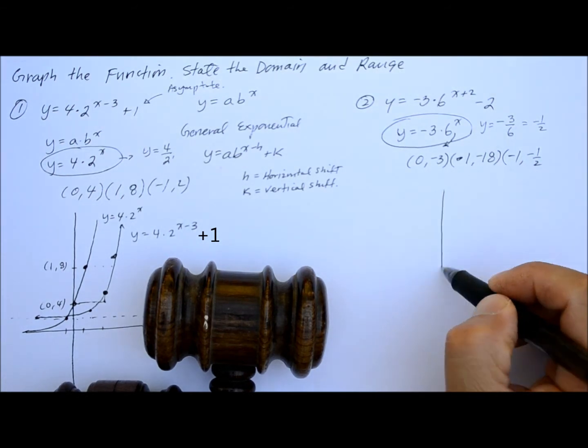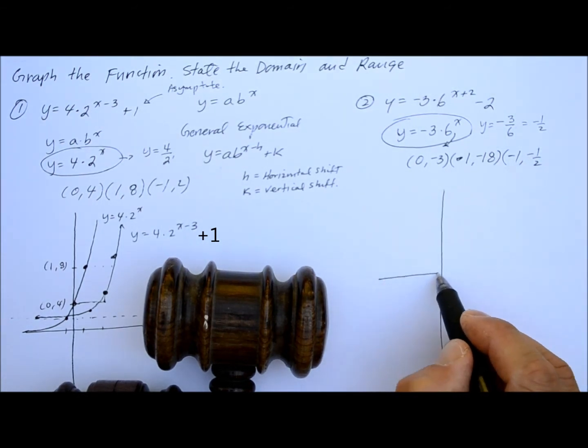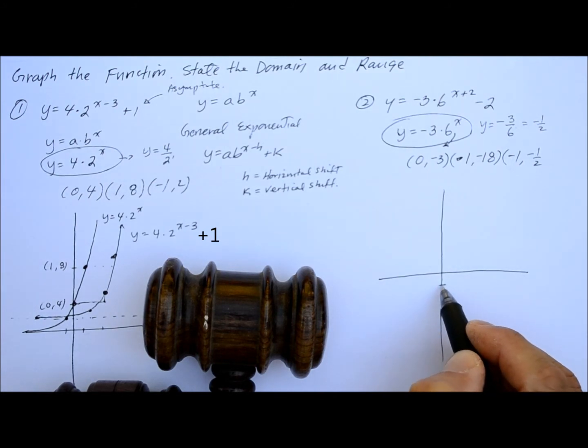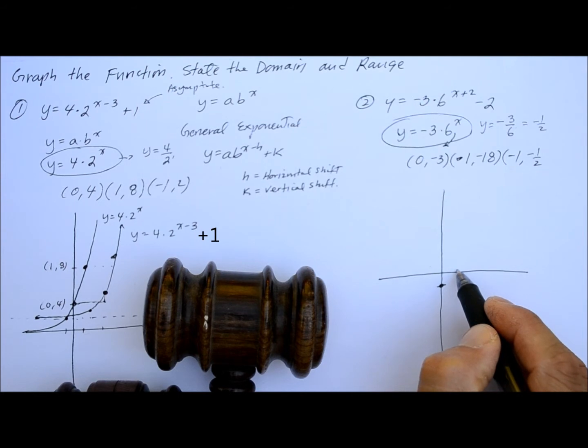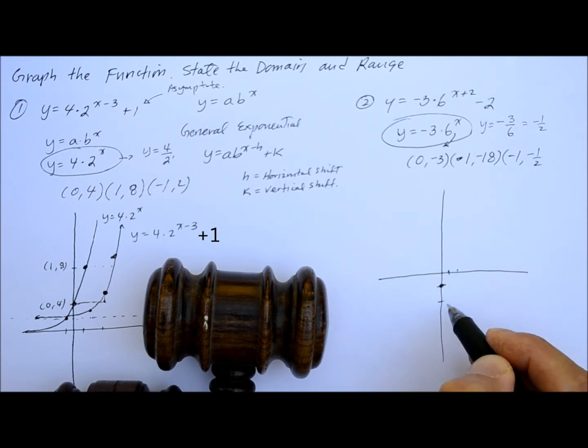So we have a picture of what's supposed to happen. If I let x equal 0, y is negative 3. There it is. If I let x equal 1, I made a mistake, y is going to be 3, 6, 9, 12, 15, 18, way down here.